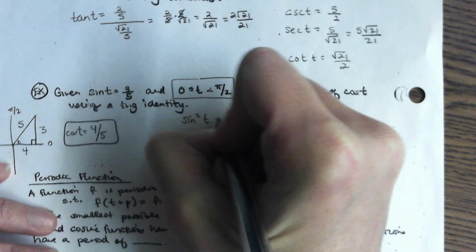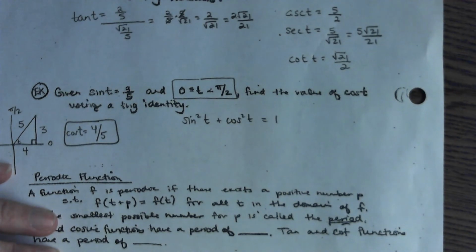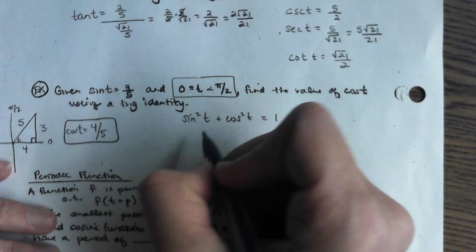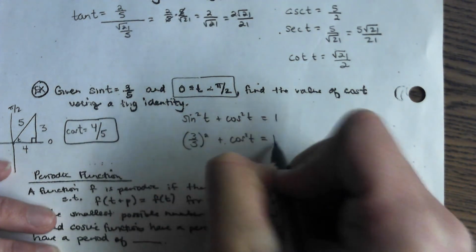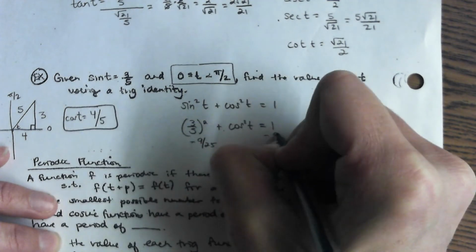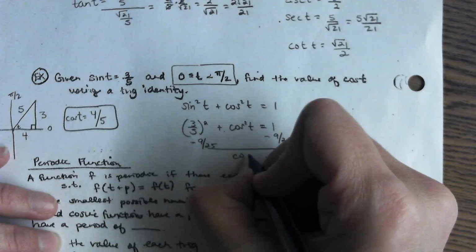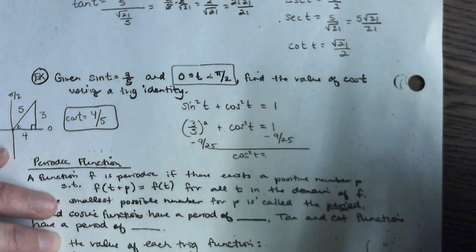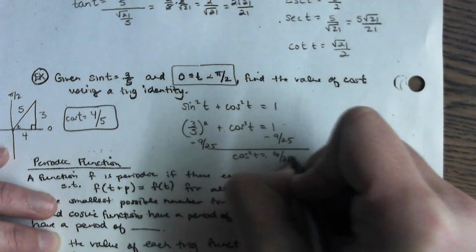Do you guys remember the trig identity, sine squared plus cosine squared equals 1? You remember that? Sine squared plus cosine squared equals 1? So I could also use that. 3/5 squared plus cosine squared equals 1. Subtract 9/25 from both sides, because that's what 3/5 squared is. 25/25 minus 9/25 is 16/25.